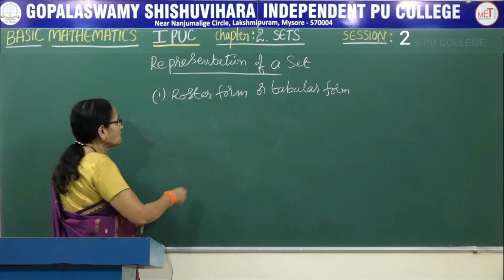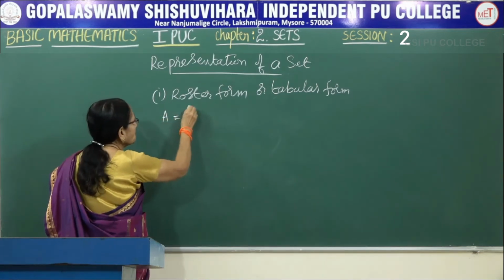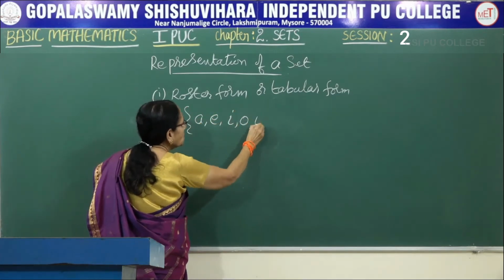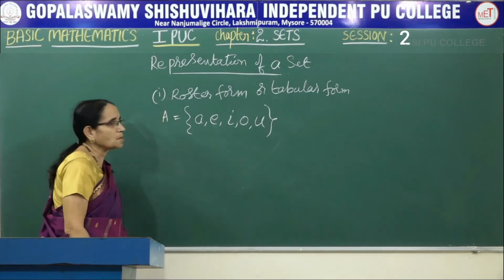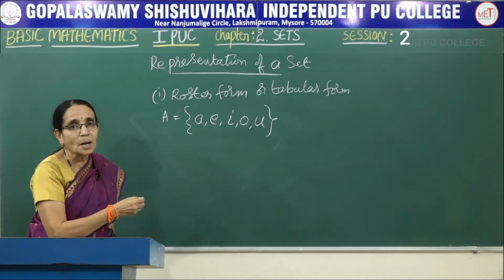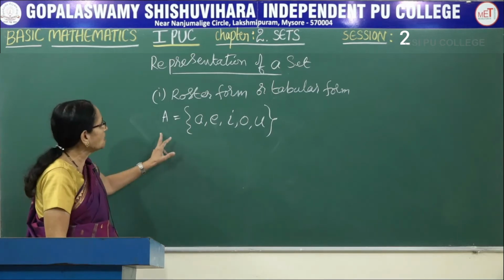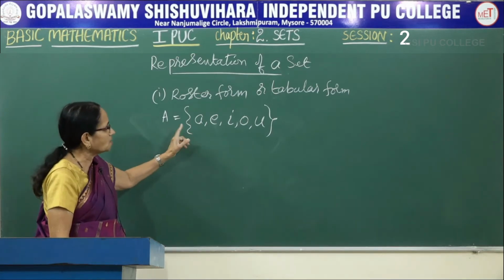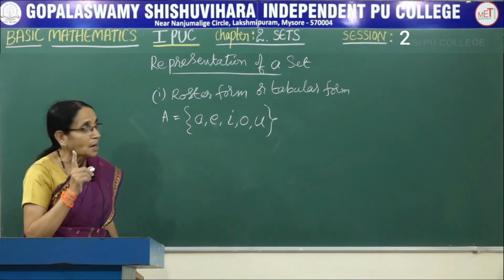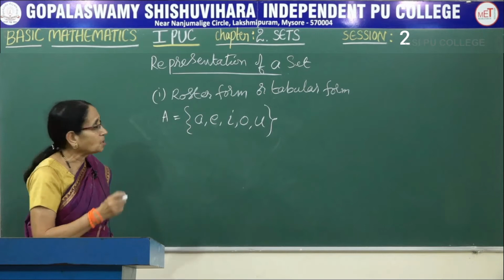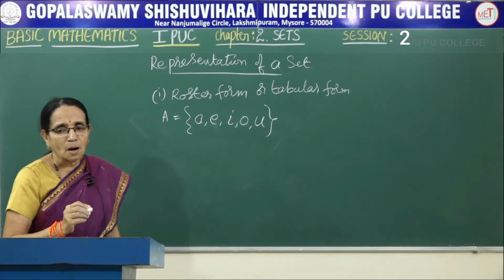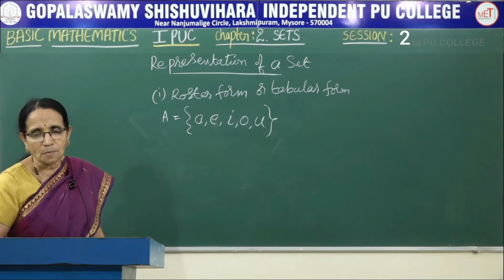For example, the set A contains A, E, I, O, U. Just now I told you they are the vowels of the English language. So A is equal to the set containing A, E, I, O, U. Here I am writing the actual elements. That is called the roster form or the tabular form.